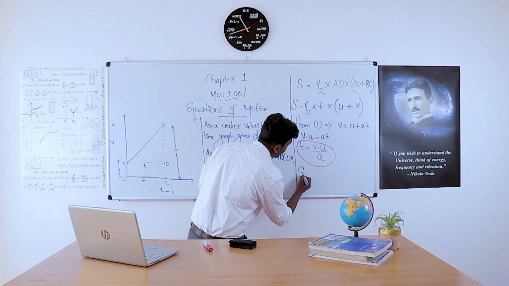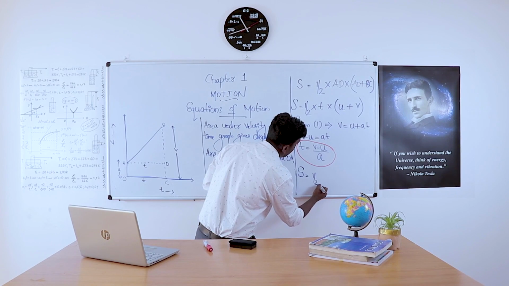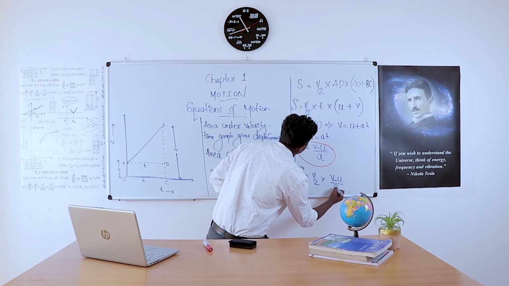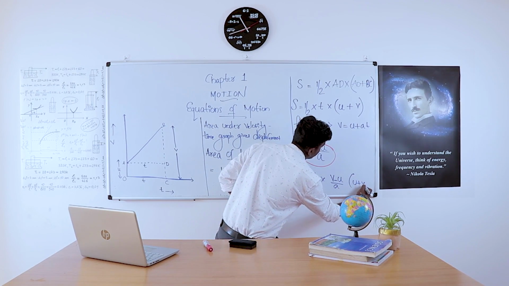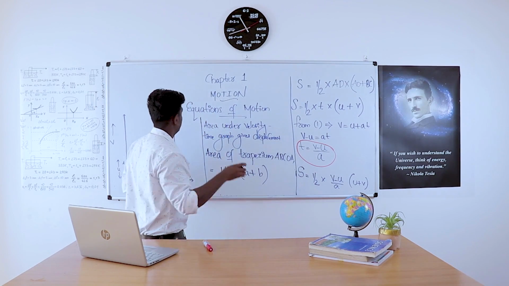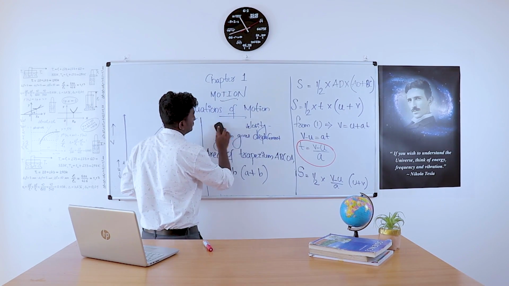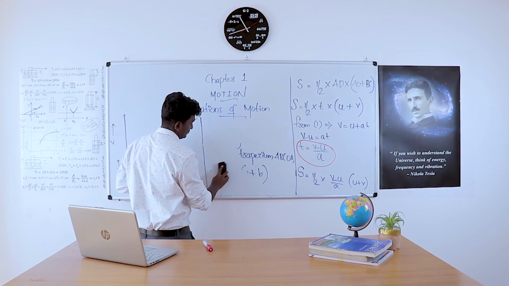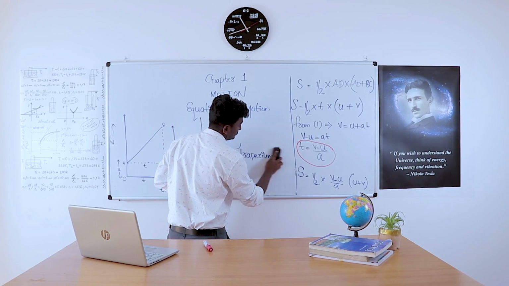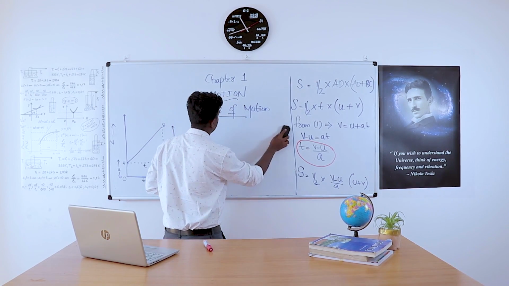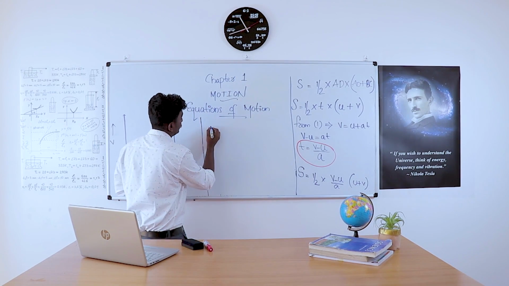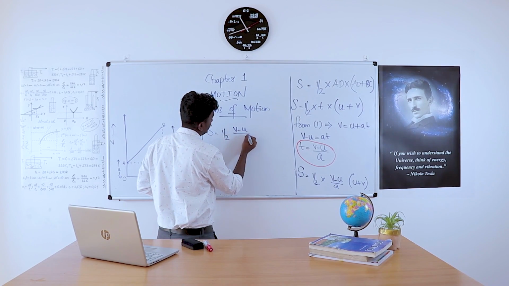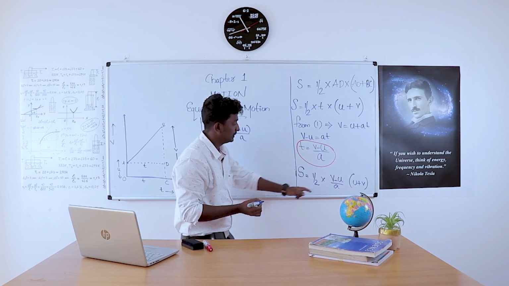Therefore, we can write S is equal to half into v minus u by a into u plus v.